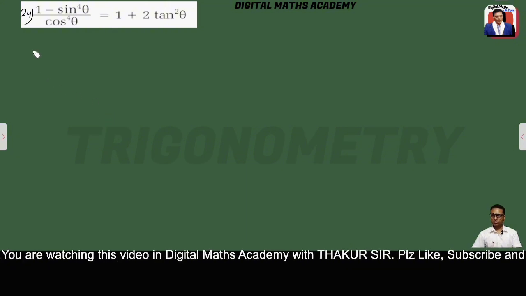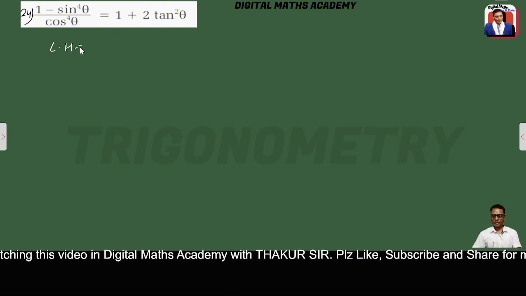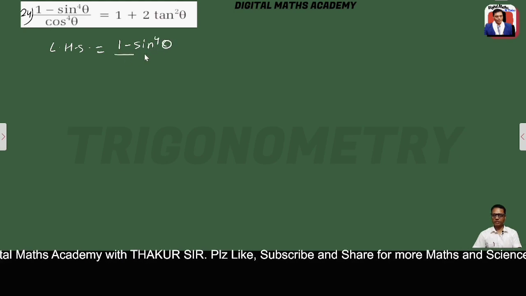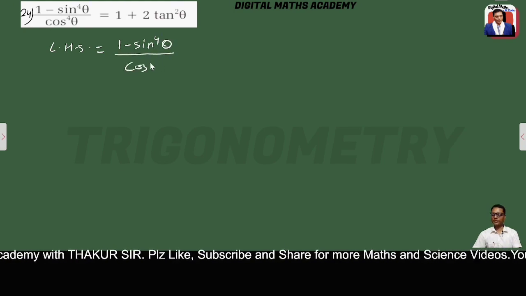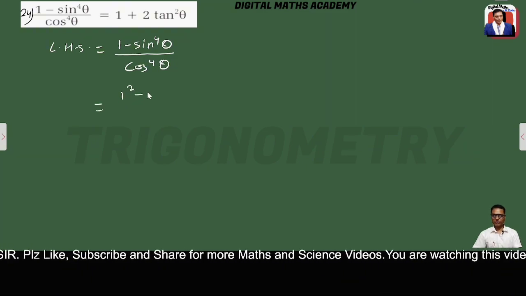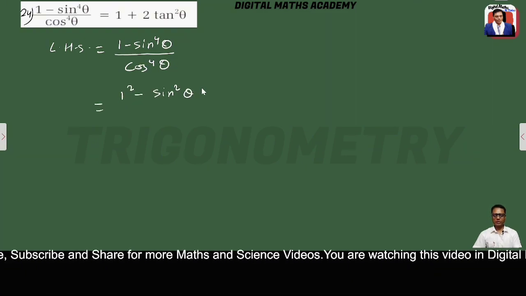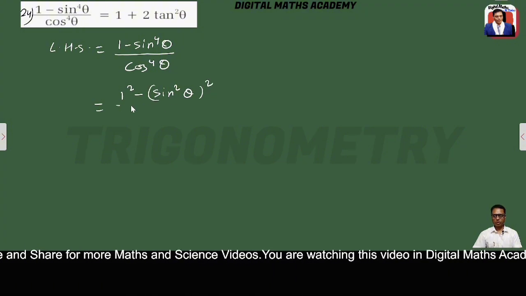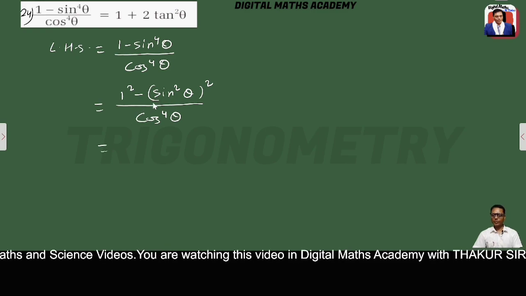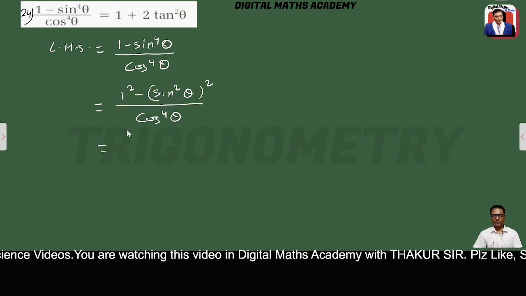Number 24. So we are going to choose the left hand side here. The left hand side is 1 minus sin to the power 4 theta over cos to the power 4 theta. At the numerator we can write 1 square minus sin square theta whole square, and at the denominator as it is, cos to the power 4 theta. We apply the a square minus b square formula at the numerator.